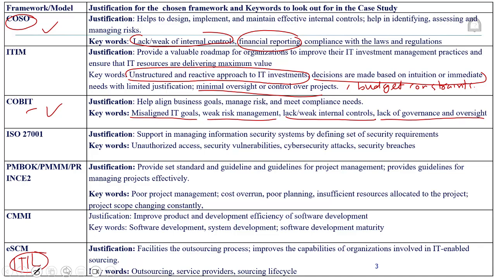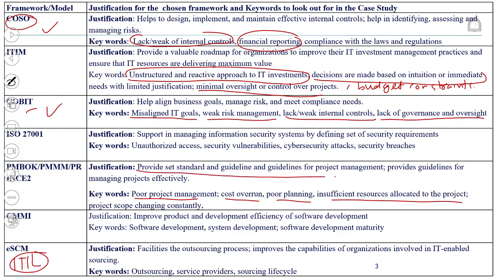So, poor project management, cost overruns, poor planning, insufficient resources: if you see those, think about any of those frameworks, and you can provide that as your justification.